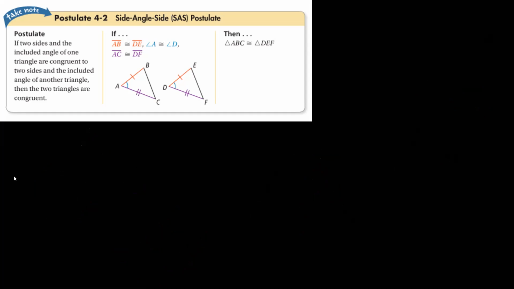Now, let's have this example. Here you have these two triangles, DEF and FGD.